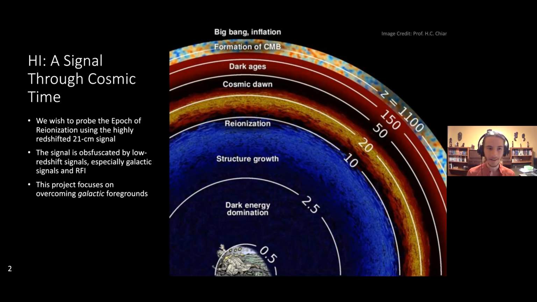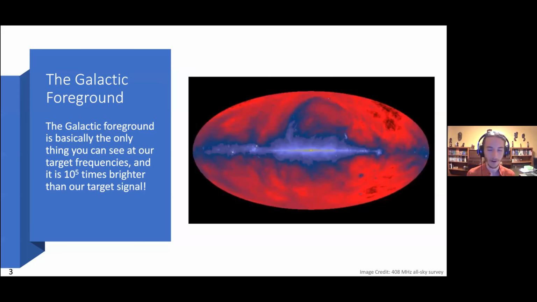In our age, we have our own firmament in the form of this overwhelming galactic foreground. It's 10 to the 5 times brighter in magnitude at our target frequencies than our target signal, and so it creates this insurmountable barrier which obfuscates the entire signal.